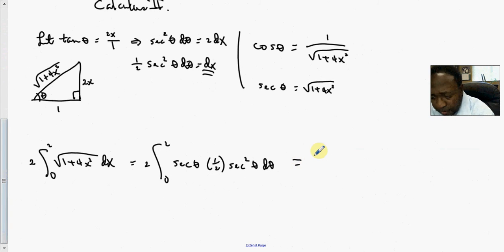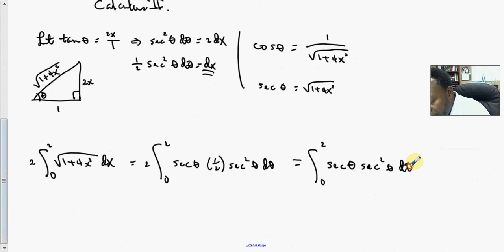So that's just the integral from 0 to 2 of secant. Leave it the way it is. Just get rid of the 2 and the 1/2. This is secant theta secant squared theta d theta.